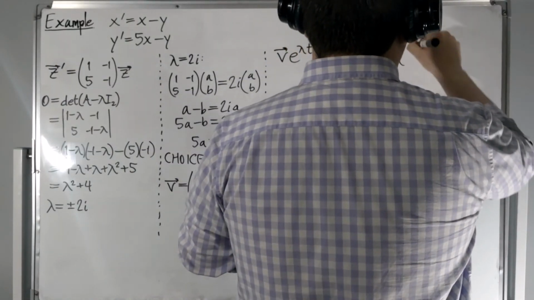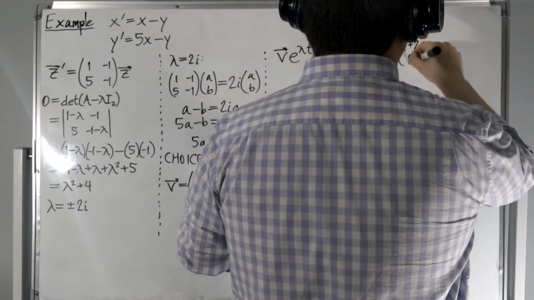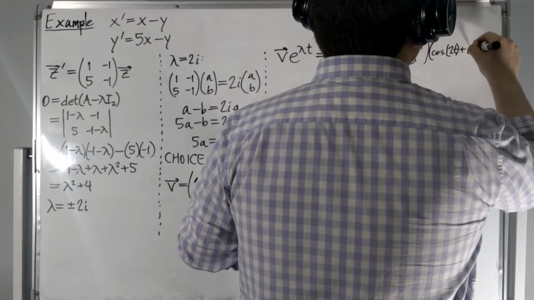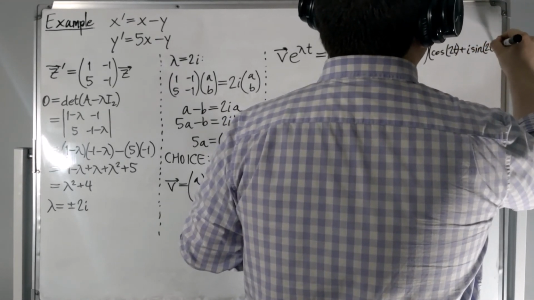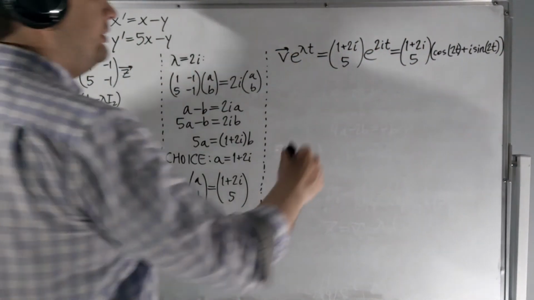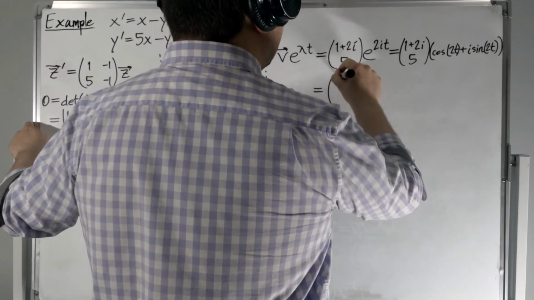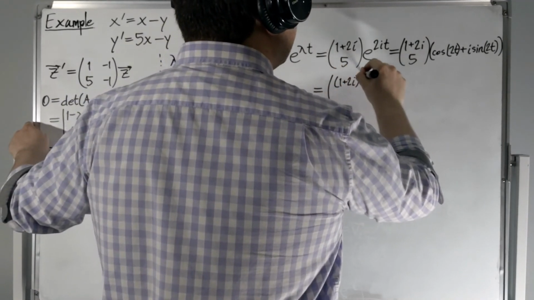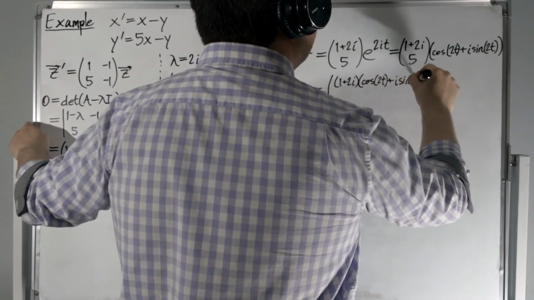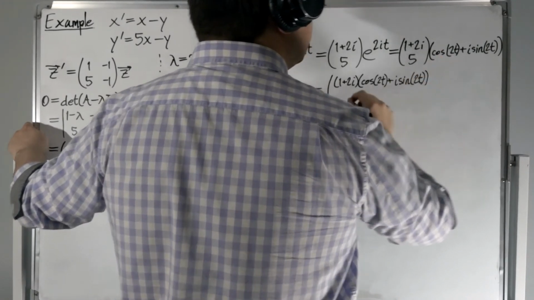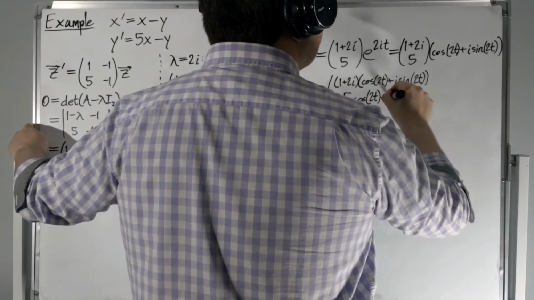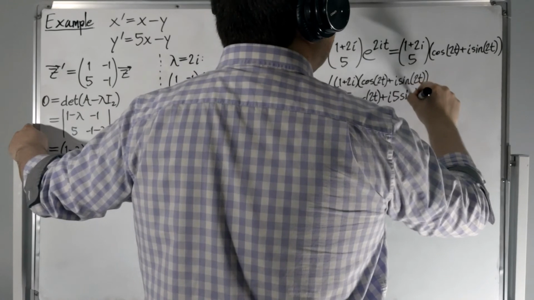This becomes (1 plus 2i, 5) times (cosine 2t plus i times the sine of 2t). Multiply through. You get (1 plus 2i) times (cosine of 2t plus i times the sine of 2t), and 5 cosine 2t plus i times 5 sine 2t.